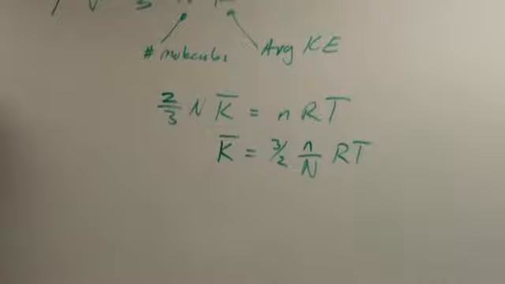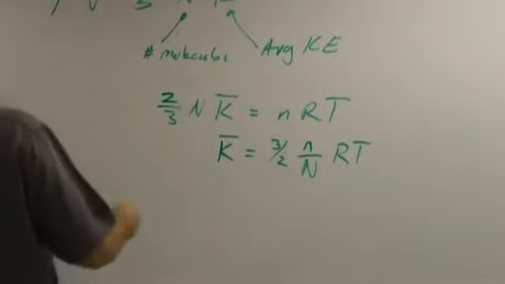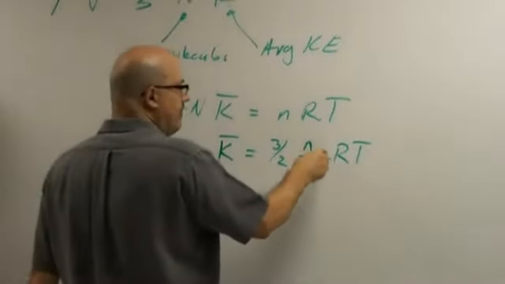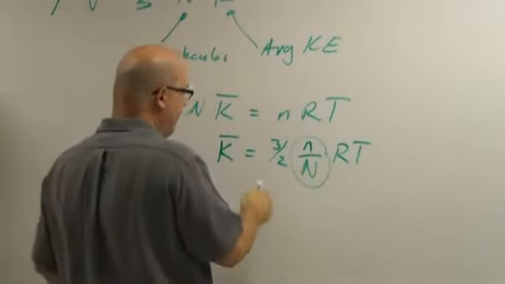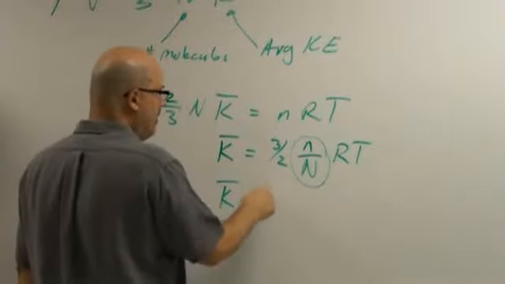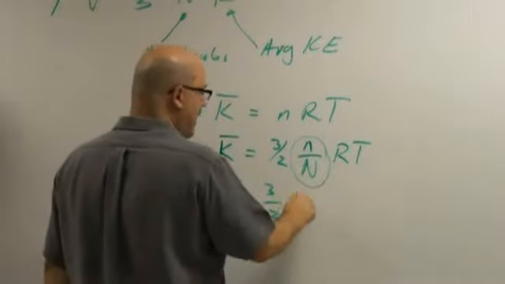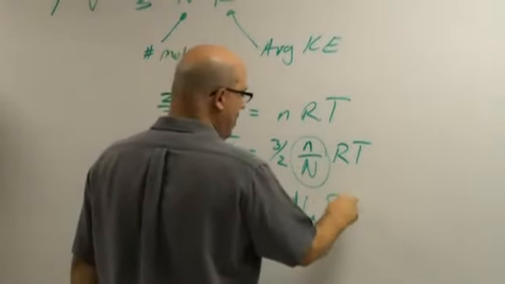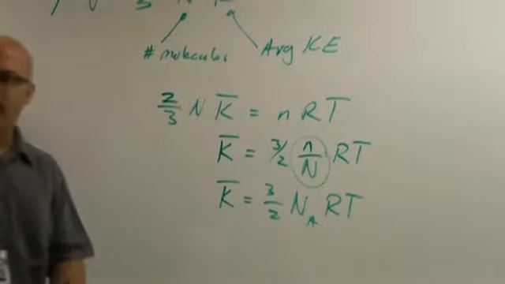Number of molecules, number of moles divided by number of molecules. What does that give you? Constant. Very good, it gives you a constant. What constant is that? It gives you Avogadro's number. This is Avogadro's number, so we're going to rewrite that: 3/2 N Avogadro RT.